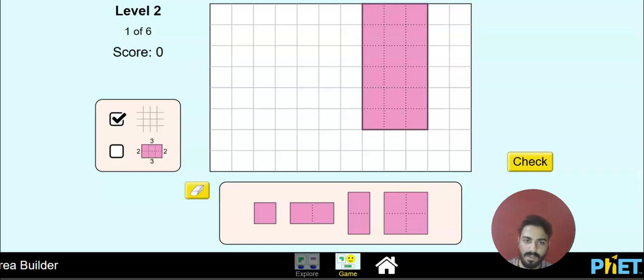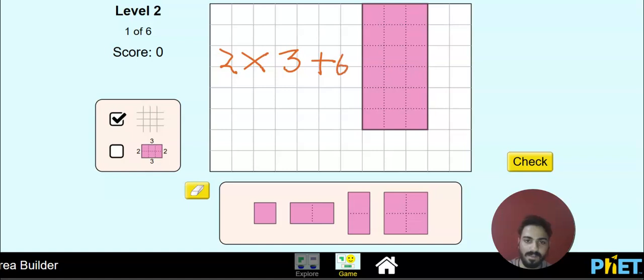Very good. So 2 into your length, which is 3, plus your breadth, which is 6. That looks more like a multiplication sign than an addition sign, so we'll do it again.